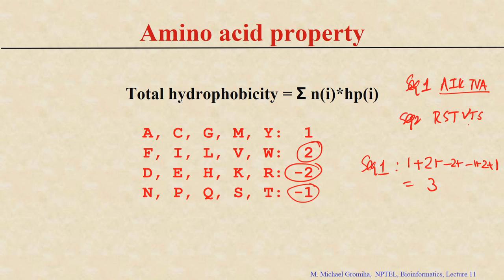If you take the second one, what is the second sequence? R equal to -2, -1, -1, plus 2, -1, -1, this equal to -4. So, compare these two sequences, you can see the first one is more hydrophobic than the second one.